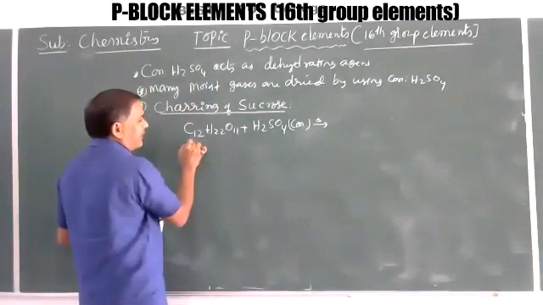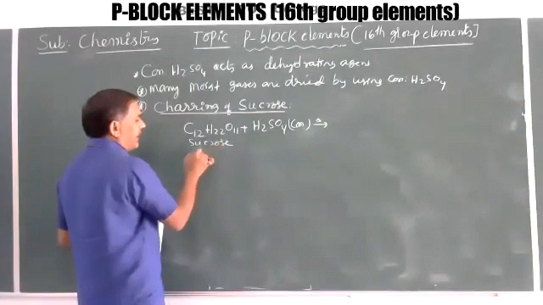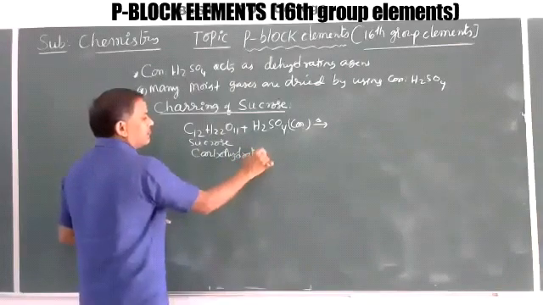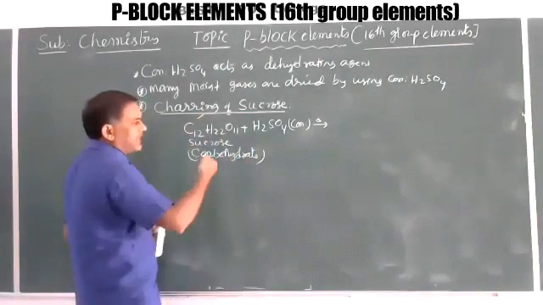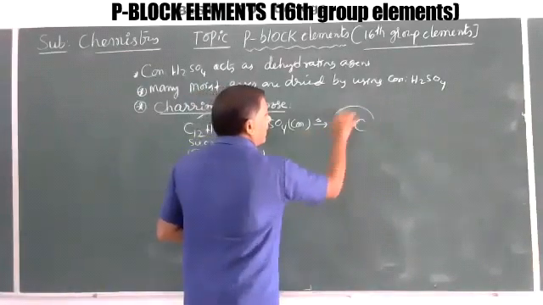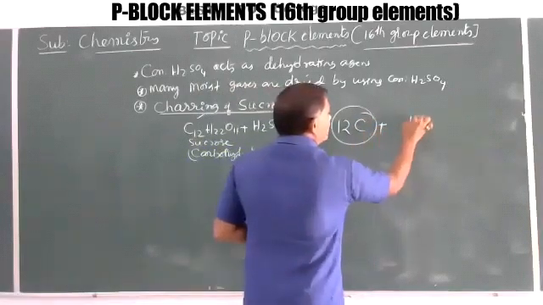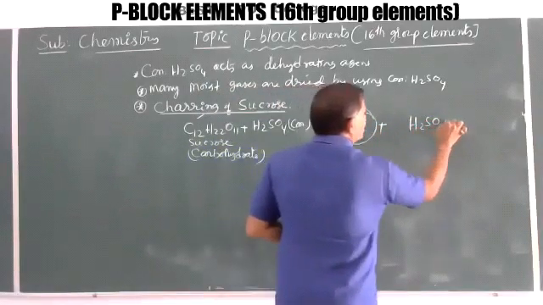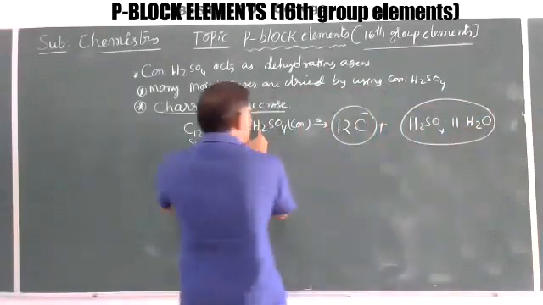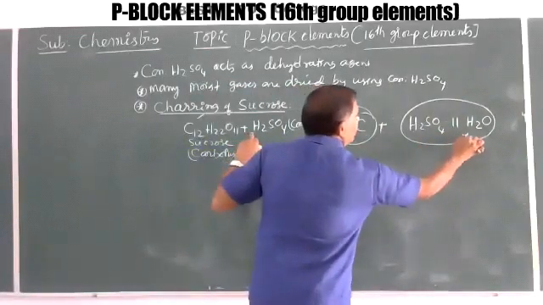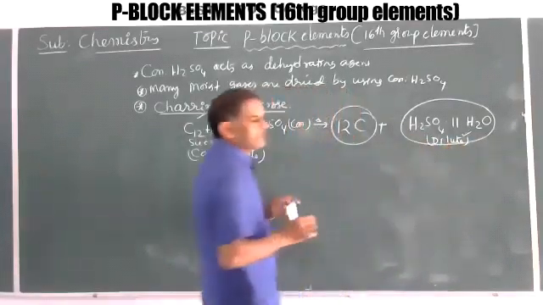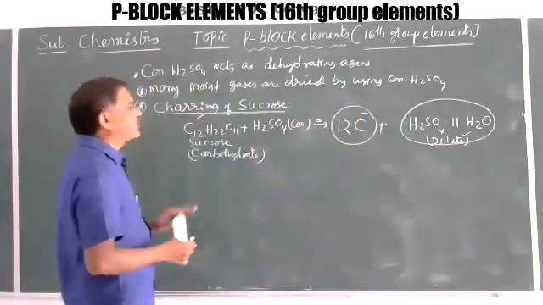This carbohydrate, that is sucrose, undergoes complete burning, that is charring. It dehydrates the water present in it, giving 12 moles of carbon, and the concentrated sulfuric acid is converted into dilute sulfuric acid, with 11 moles of water formed. That is the charring of sucrose.